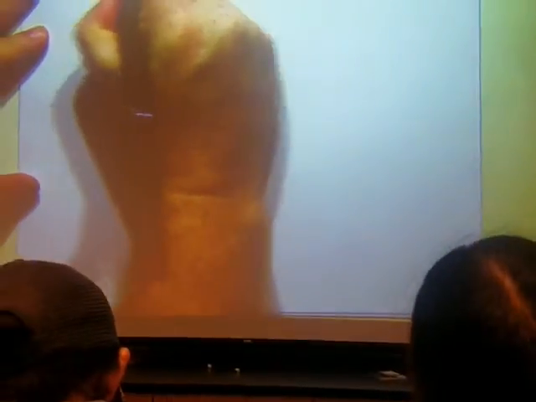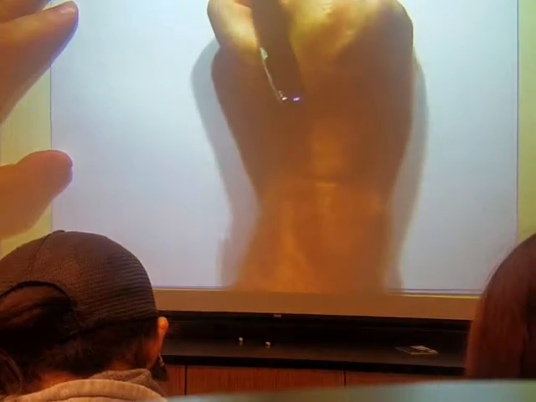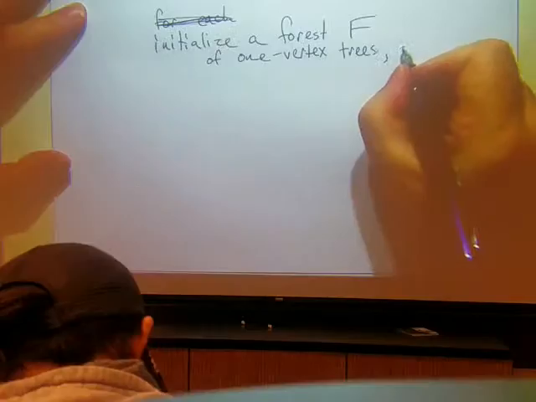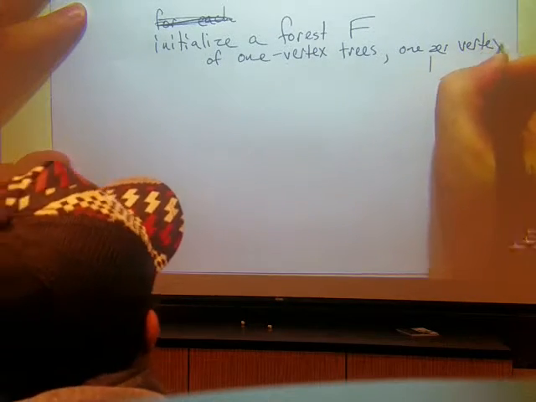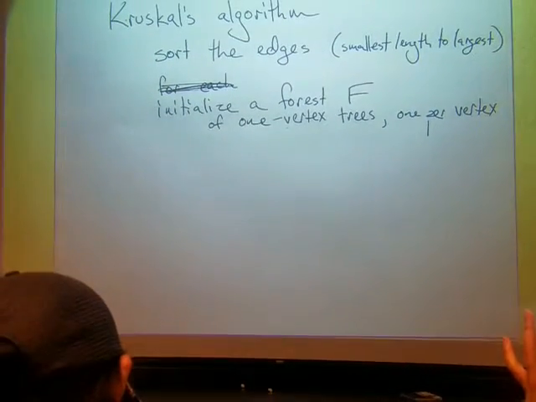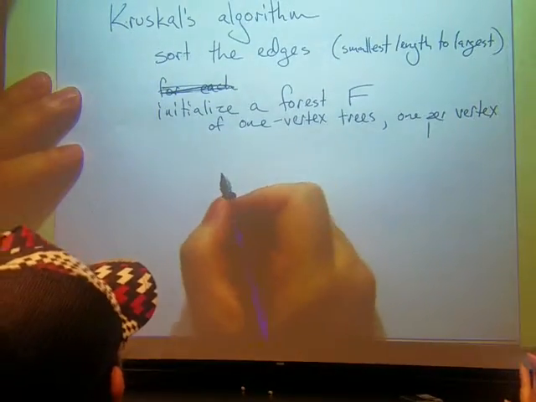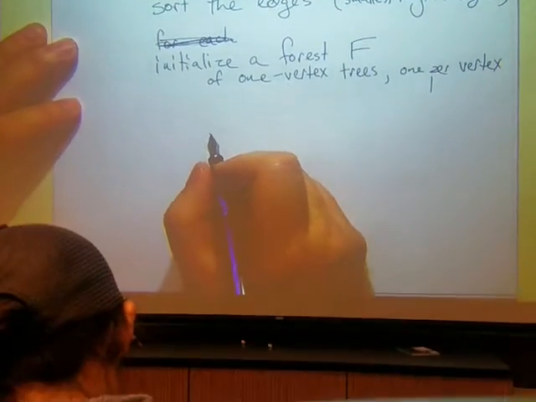But I wanted to tell you about another one, Kruskal's algorithm. Start with a forest, one tree per vertex. And eventually this forest is going to be the minimum spanning tree, but right now it's just a forest.